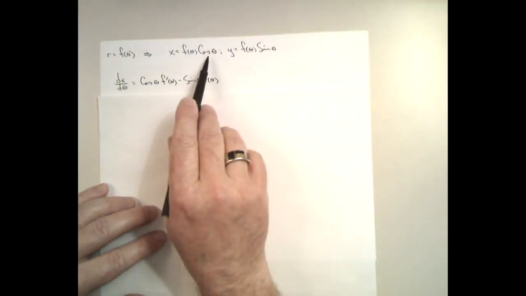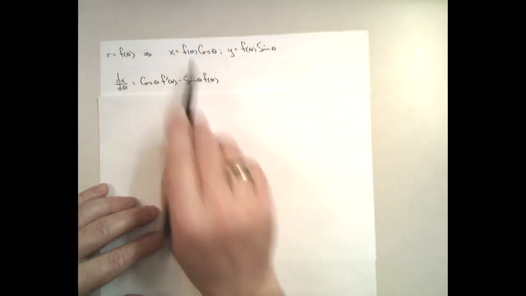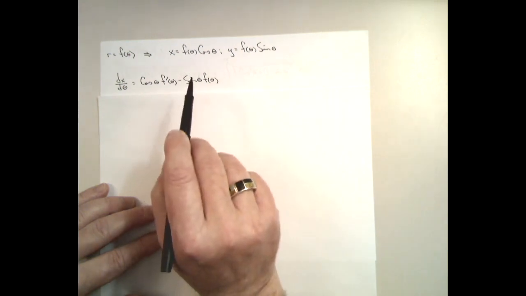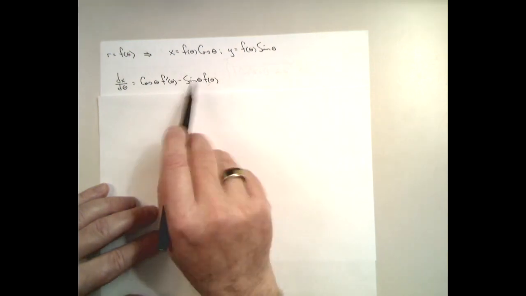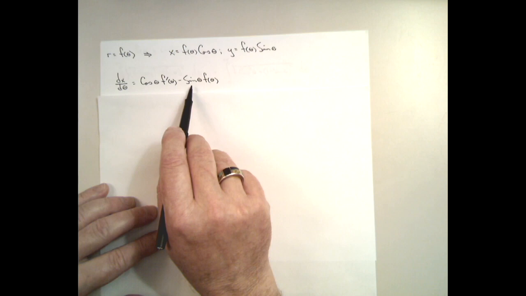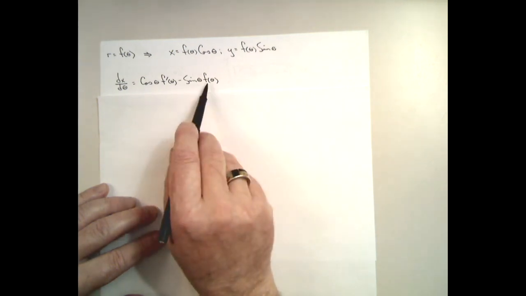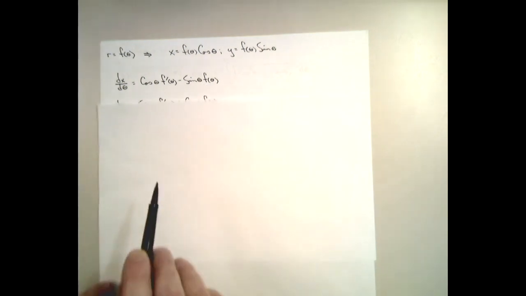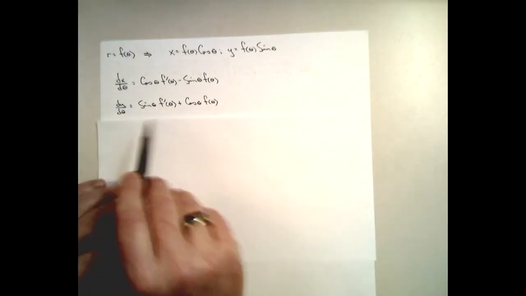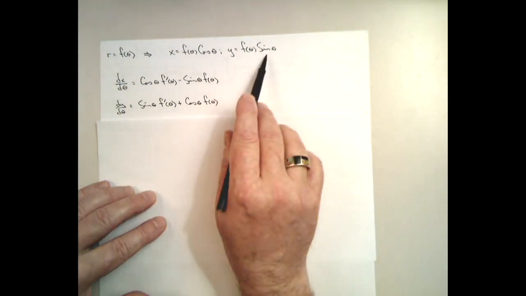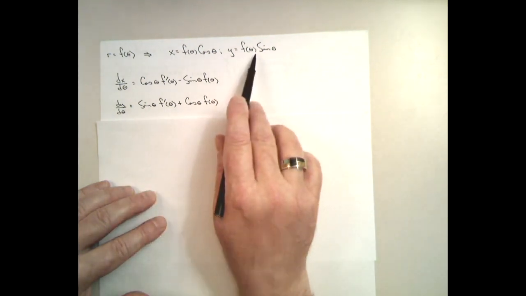So I took second times the derivative of the first, plus first times the derivative of the second, which is negative sine theta. So whenever I add it, I'm going to get negative sine theta f of theta. And then the derivative of y with respect to theta is the same thing, right? Second times derivative of the first plus the first times the derivative of the second.